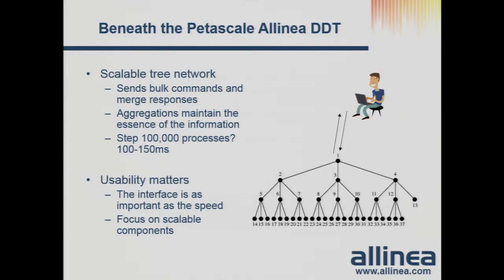So that's why I started out looking at the user interface. To step 100,000 processors would probably take about 100 to 150 milliseconds. And that would display everything, showing you variables in all that time. So it's as quick as debugging a single processor for all intents and purposes. It feels like you're just working on your laptop.